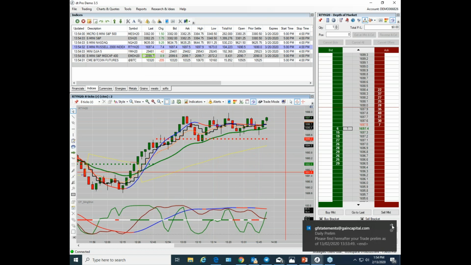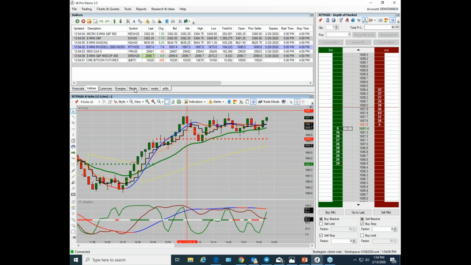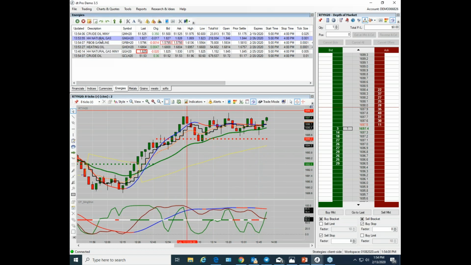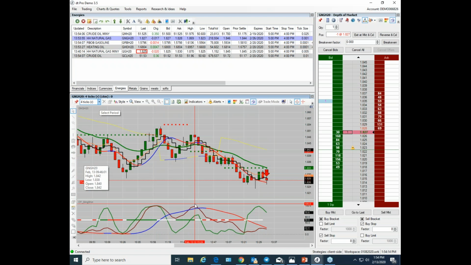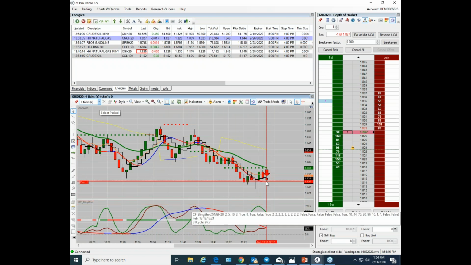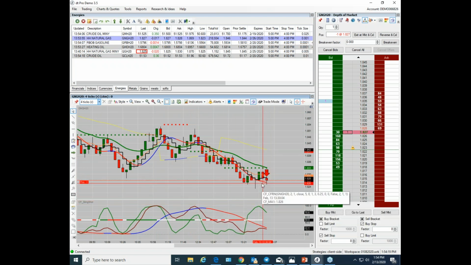Let's look at our little natural gas trade on a 4-tick range. As I would expect, it's just kind of falling asleep.